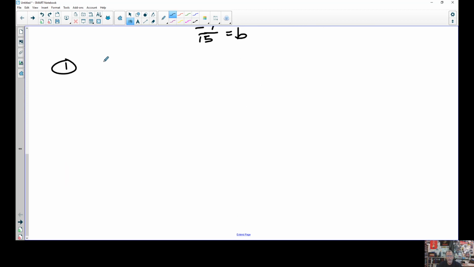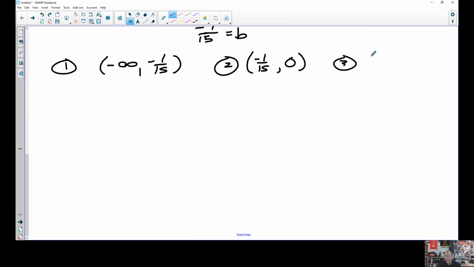The first region is from negative infinity to negative 1/15. The second region is from negative 1/15 to 0. And finally, the third region is from 0 to positive infinity.